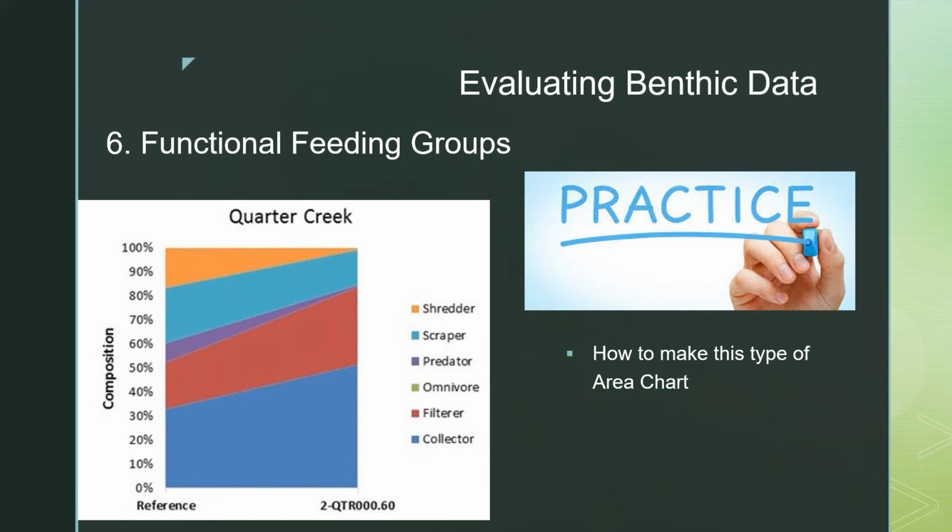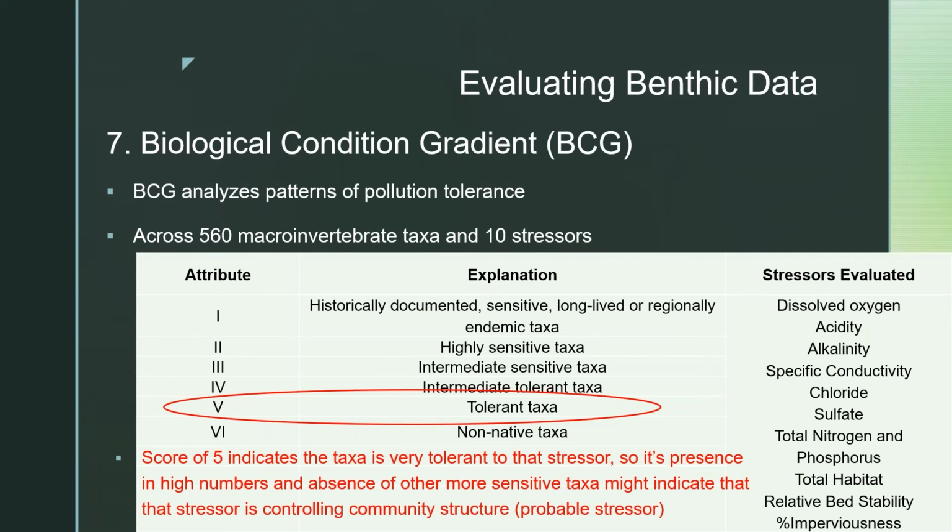And what that has in it is some instructions for walking you through the steps that you would take in order to take a typical output of benthic data and then turn it into this type of functional feeding group area chart. Okay, so that's something you might want to do for homework, and we can look at the results on Wednesday as we open up.